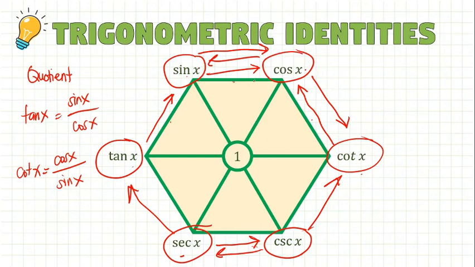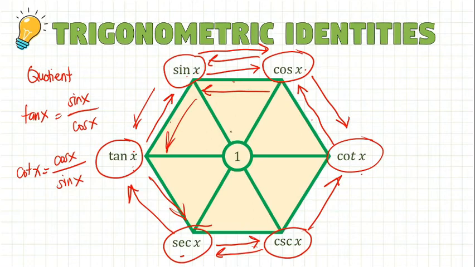Or you can have cosine x is equal to sine x over tangent x. Or sine x is equal to tangent over secant x. And so on. So regardless of the direction, you will have the quotient identities.